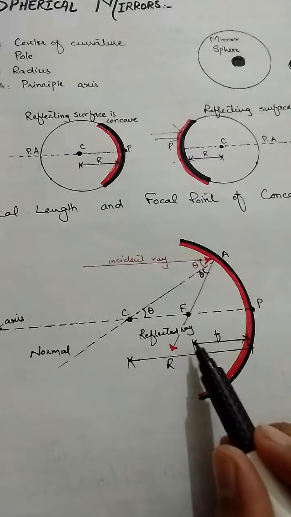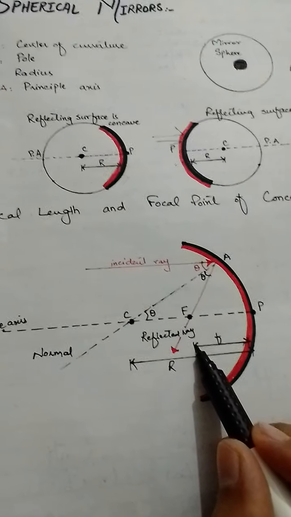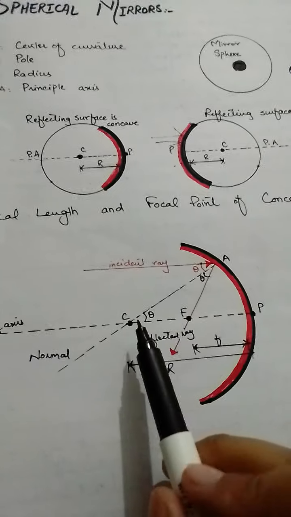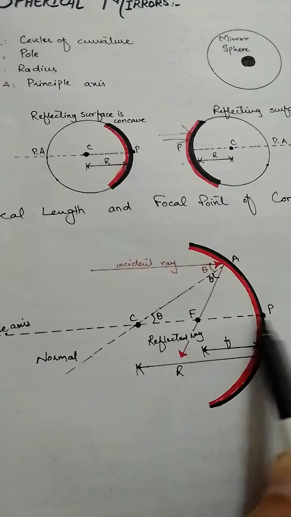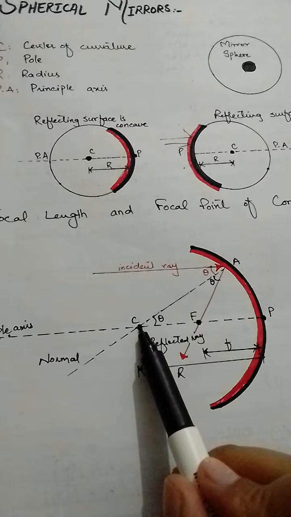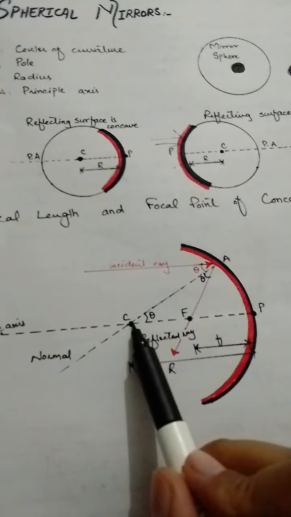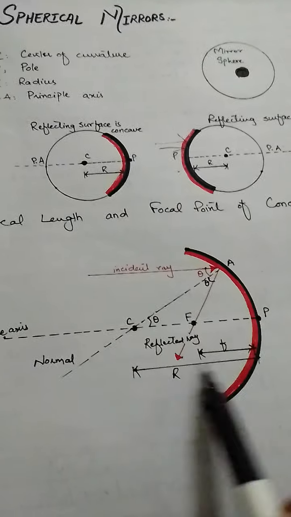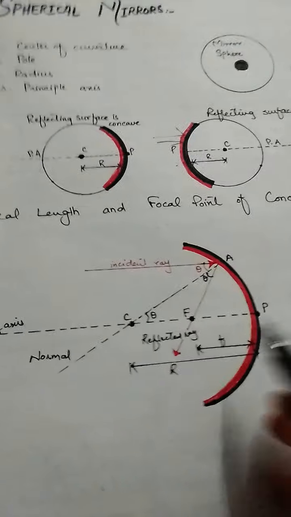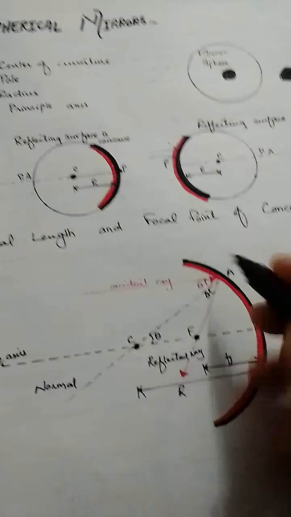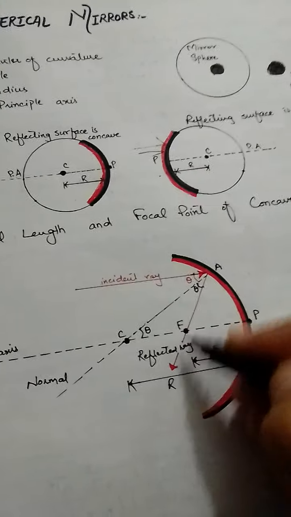The focal length is equal to half of the distance between the center of curvature and the pole. Remember that the distance between the center of curvature and the pole is known as the radius, or we can say r. So half of it is known as the principal focus, from which the reflected ray actually passes.